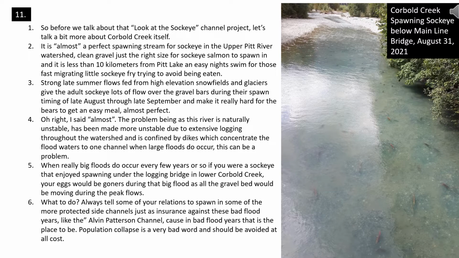Strong late summer flows fed from high elevation snowfields and glaciers give the adult sockeye lots of flow over the gravel bars during their spawning timing of late August through late September and make it really hard for the bears to get an easy meal.